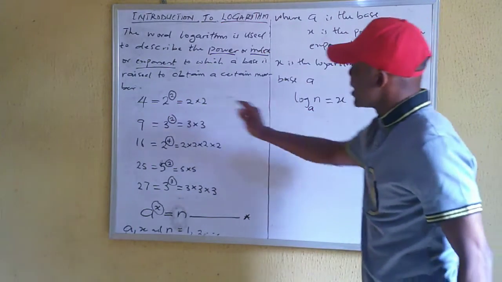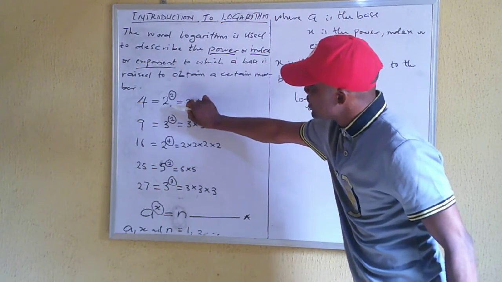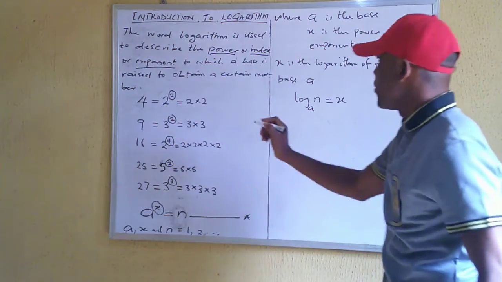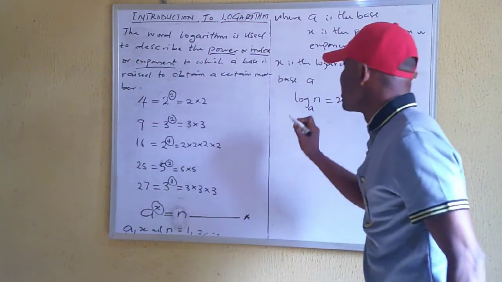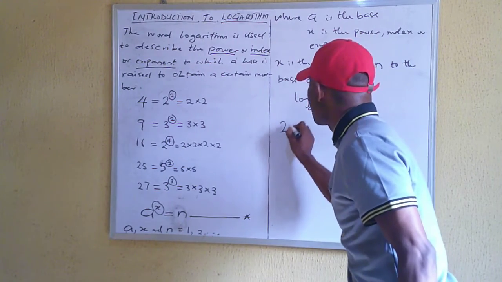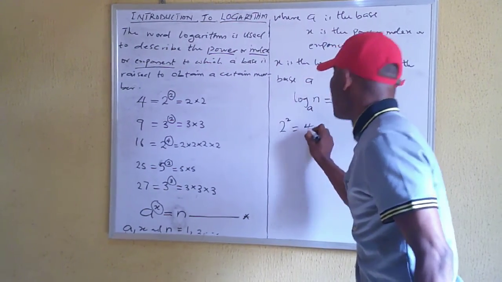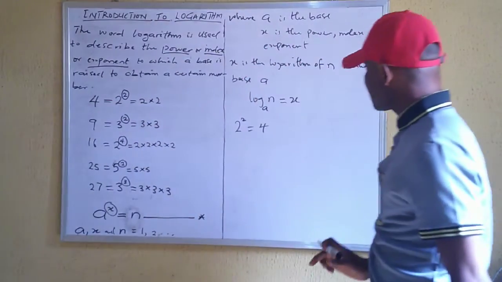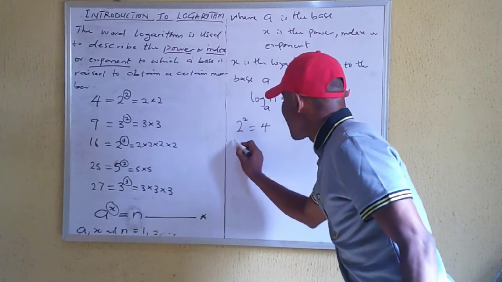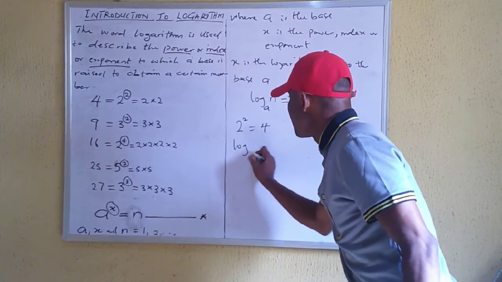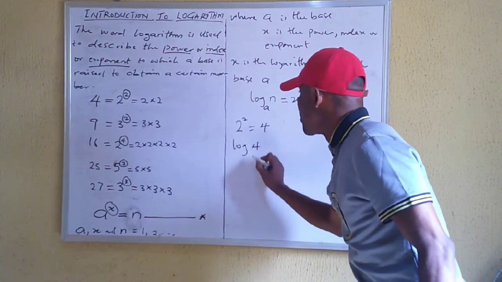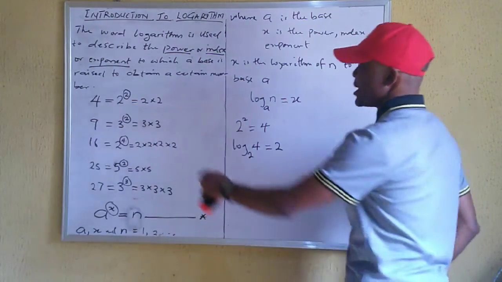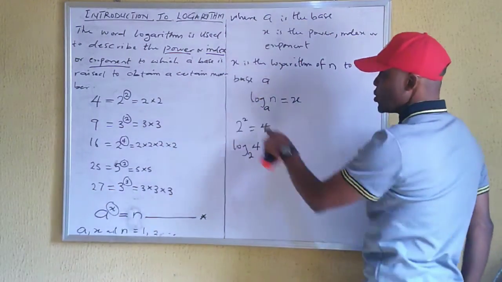Now, let's convert these numbers to their logarithm form. To convert 4 equals 2 raised to the power of 2, we have 2 raised to the power of 2 equals 4. This can be written as the logarithm of 4 to base 2 is equivalent to 2, which is the same thing as 2 raised to the power of 2 equals 4.